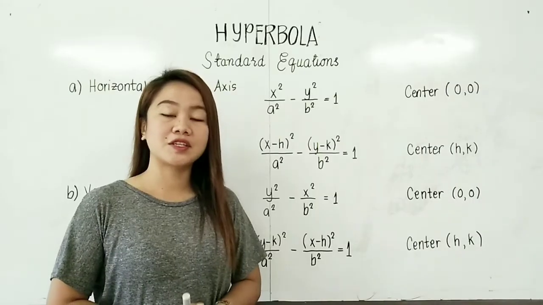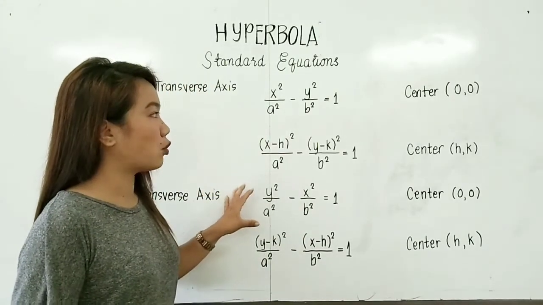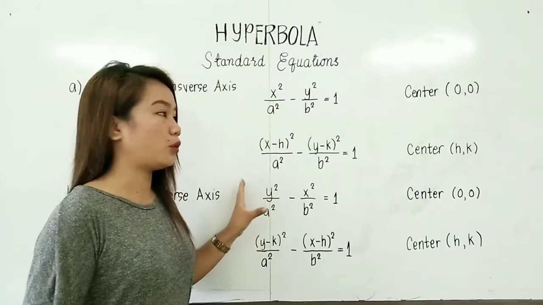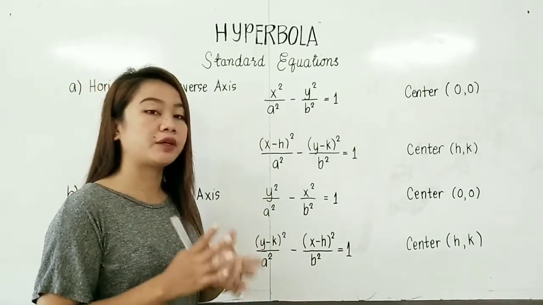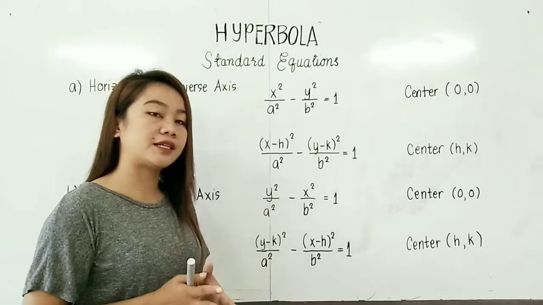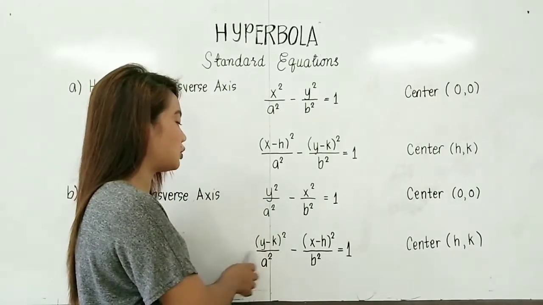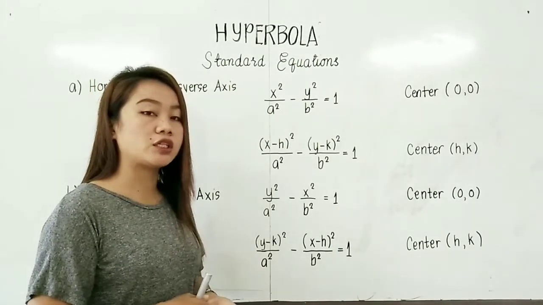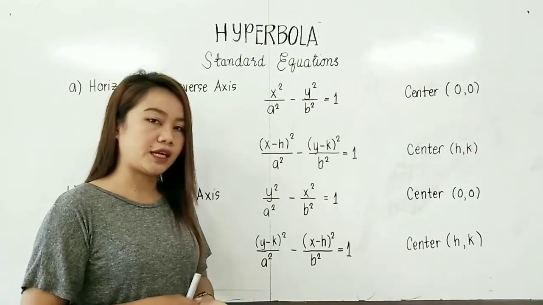Now let's talk about the standard equations of the hyperbola. As you can see here, we have four equations of a hyperbola. These first two equations are the equations of a hyperbola if its transverse axis is horizontal. On the other hand, these two equations are the equations of a hyperbola if its transverse axis is vertical.